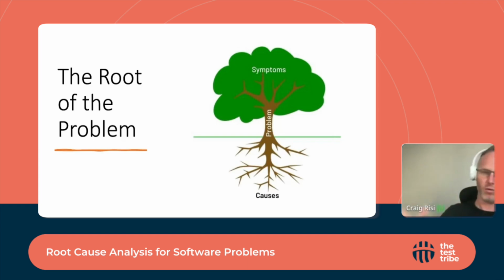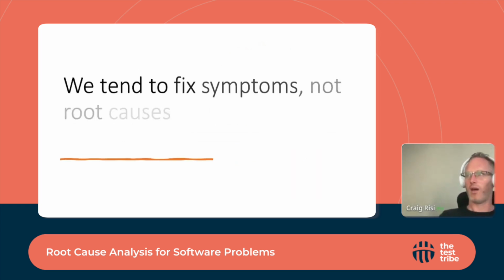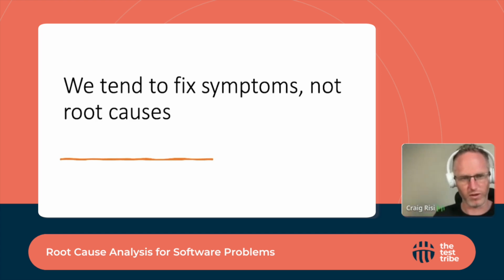We might identify, oh, it was in this code that the issue was, so let me just fix that code. Maybe we'll fix the test along the way. But that's not really a healthy way to do it. And generally, I find that we tend to fix symptoms and not root causes. We focus too much on what we see, and we want to fix what we see rather than actually trying to understand the real problem at hand.